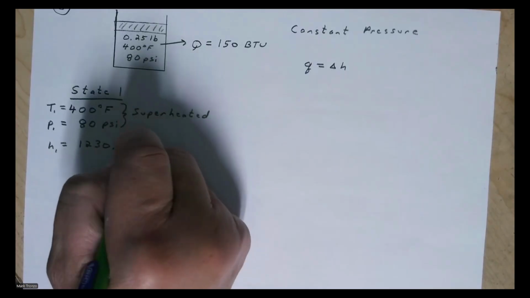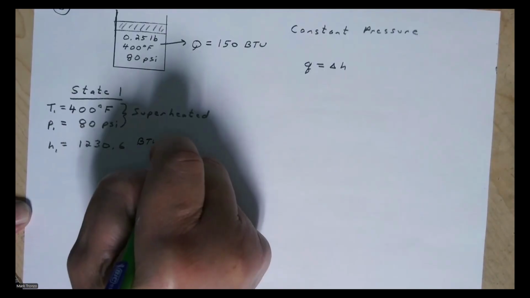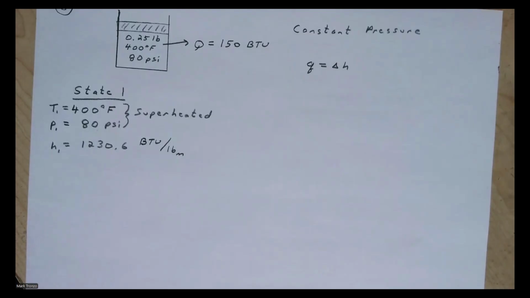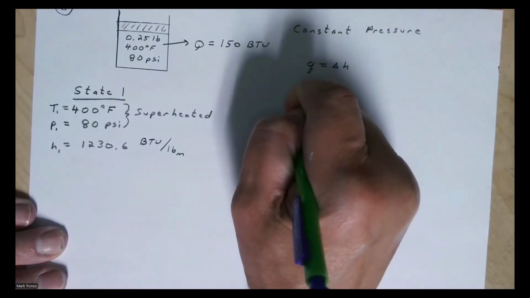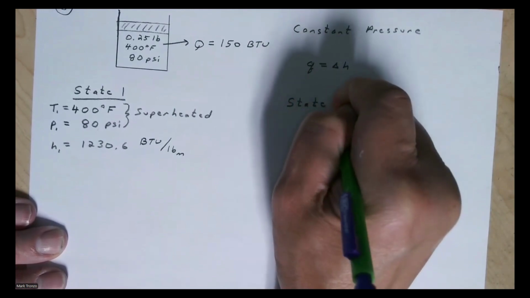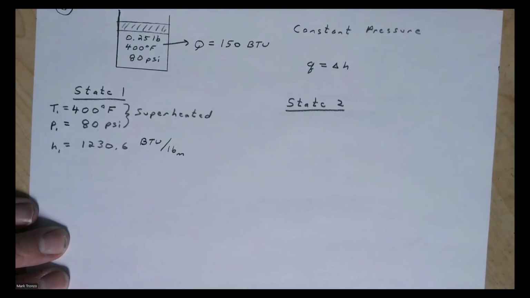Again, that's BTUs per pound mass. Let's think. I don't think we need anything else. So we're going to then go to state two.